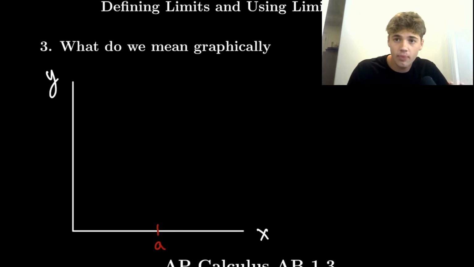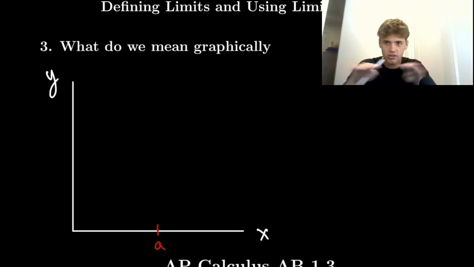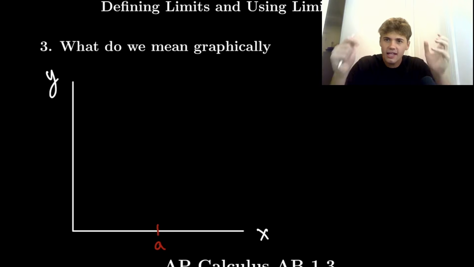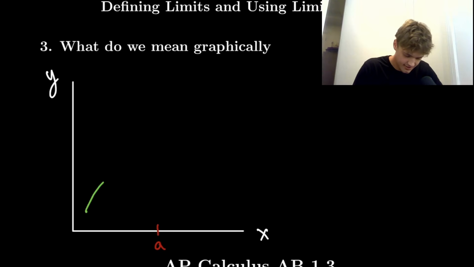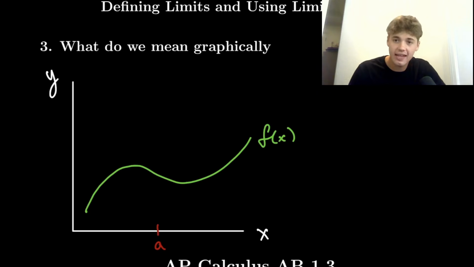Now remember, all the function is doing is taking numbers on that horizontal line, that x-axis, and plugging them into something. Could be an equation. And it's getting out numbers on the y-axis, the vertical line. So let's pretend that this right here, that's our function, f of x, okay?